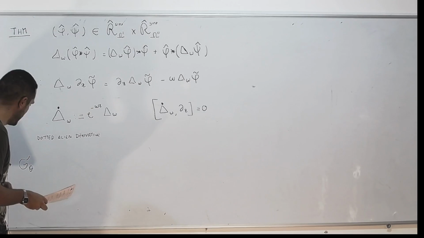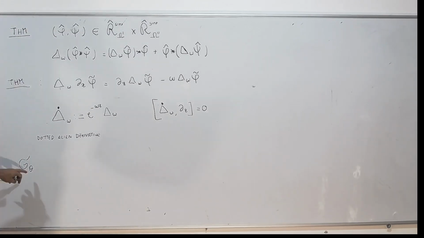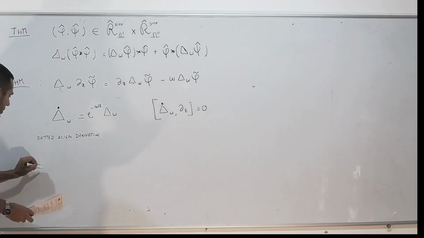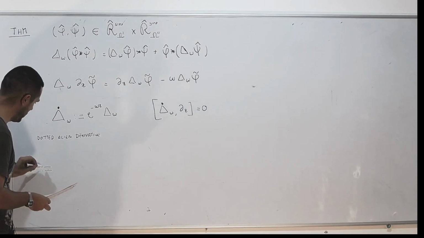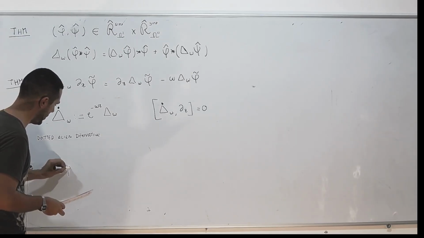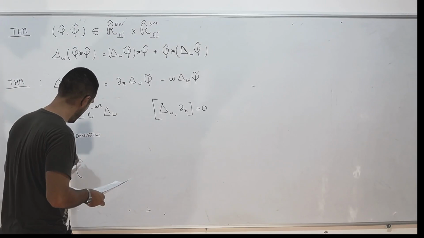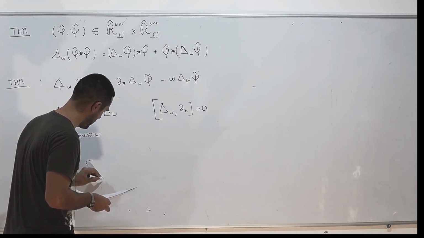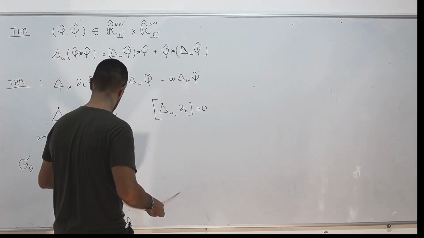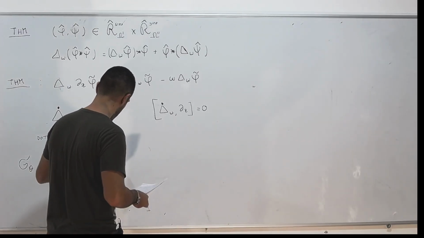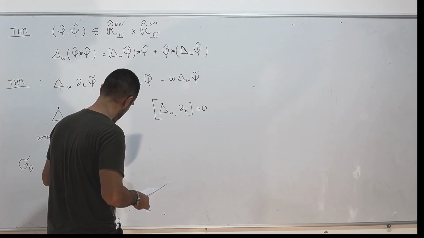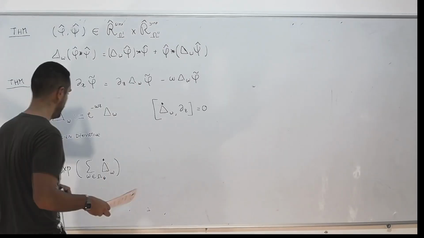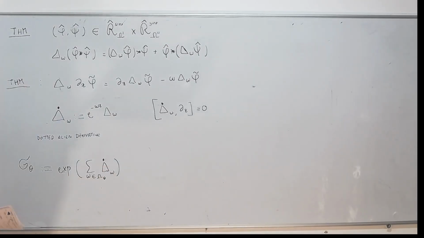So the Stokes automorphism along some direction theta is defined as the exponential of the sum. So let me explain what I mean by this. Well, first of all, the exponential of the alien derivative means what you might guess it means.